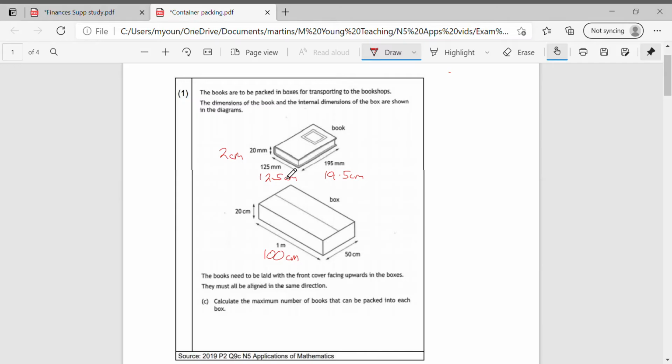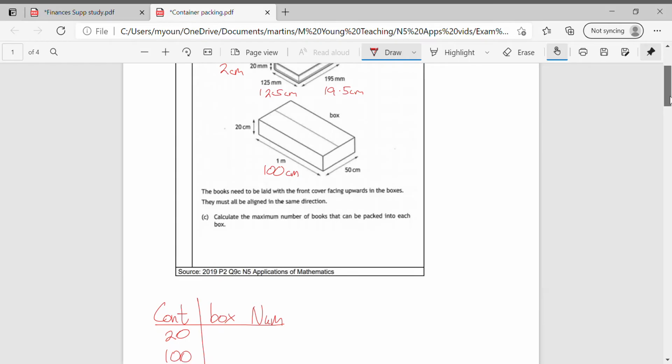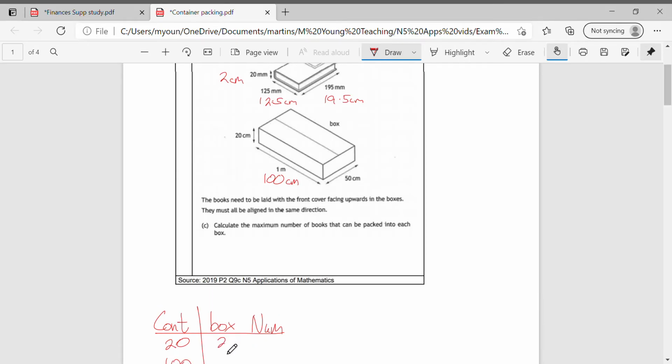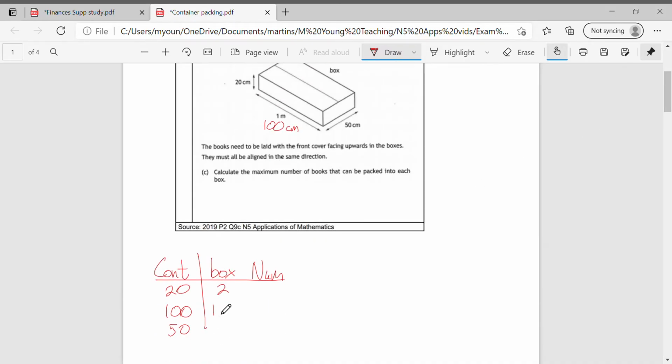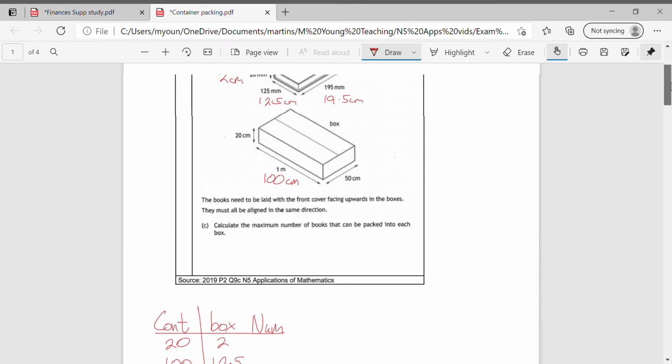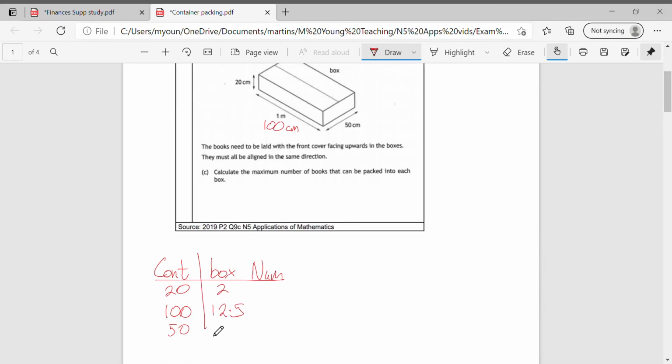The 12.5 centimetres will correspond to the 100 centimetres, and the 19.5 will correspond to the 50. So that's 2 centimetres for the 20, 12.5 for the 100, and 19.5 for the 50.